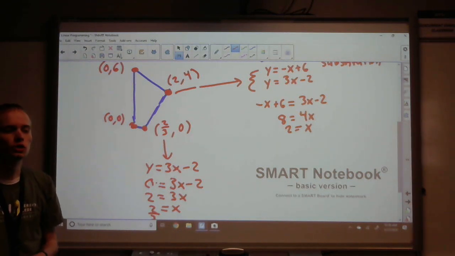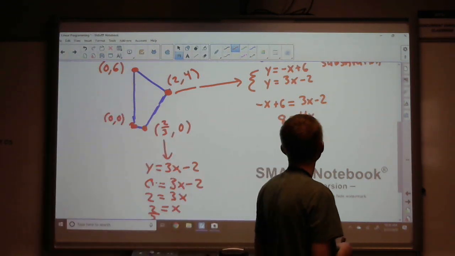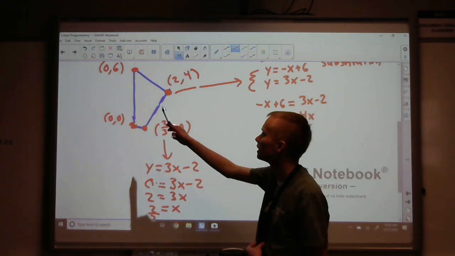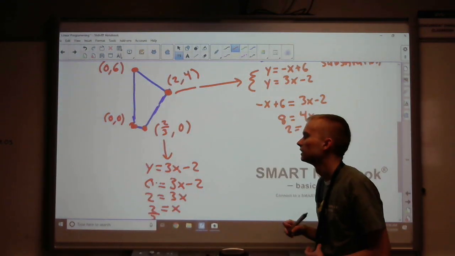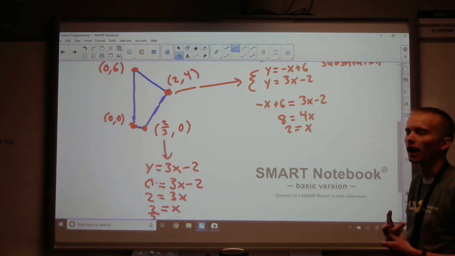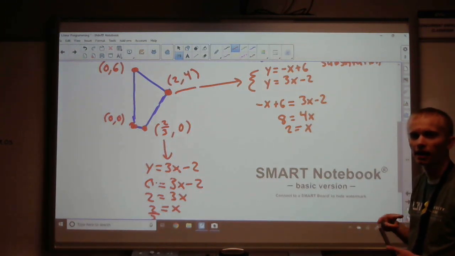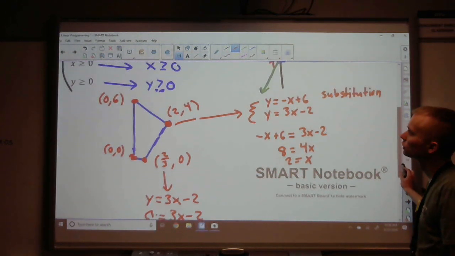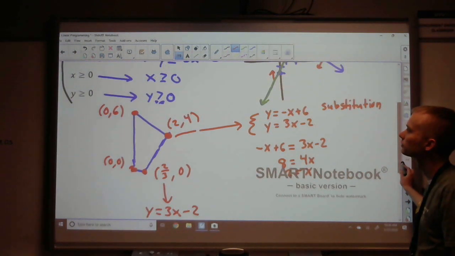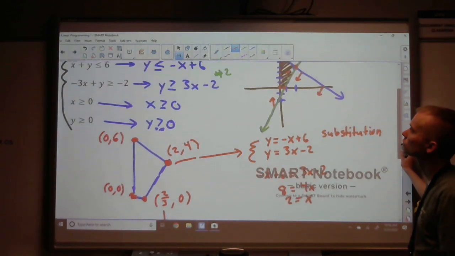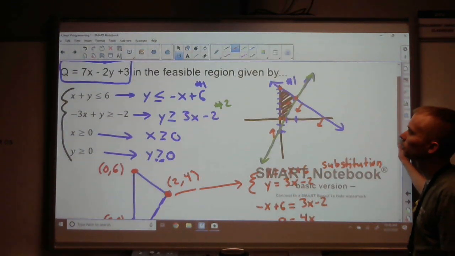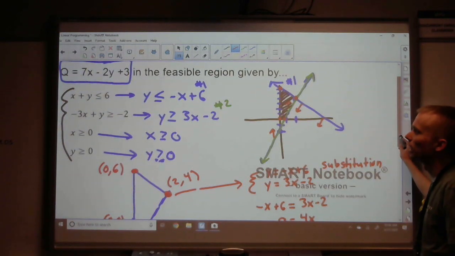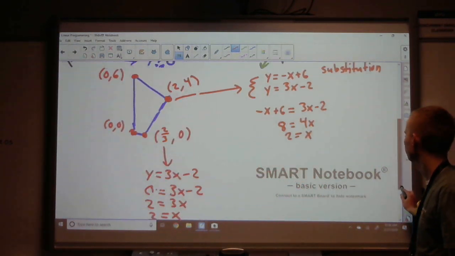Okay. So now the last thing we have to do is we just have to plug in all of these to see where the biggest and the smallest number happen. Okay? So the function I'm maximizing is 7x minus 2y plus 3.